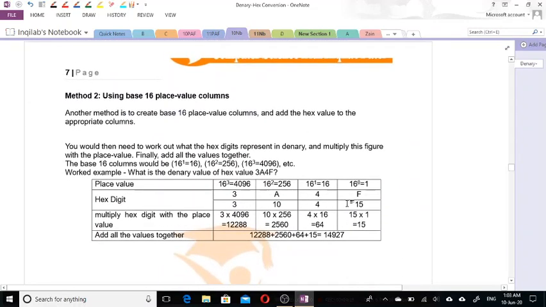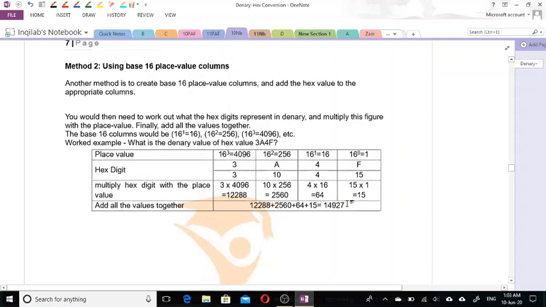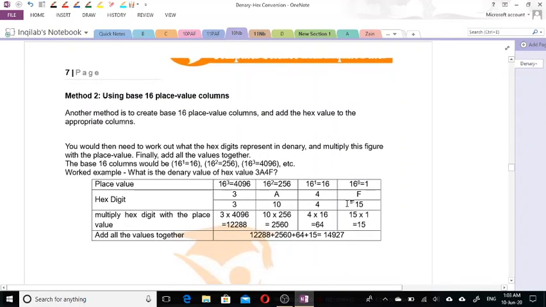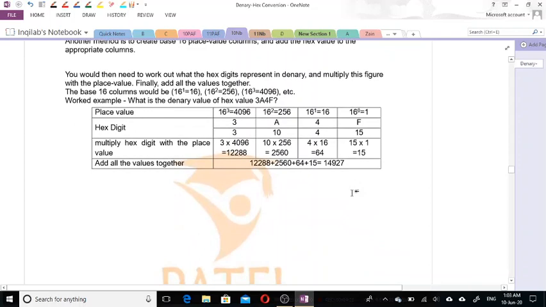The other method of converting a hexadecimal number into denary is that we write down the place values. We have studied that whenever we use a denary number like 547, we say that this is ones, tens, hundreds.